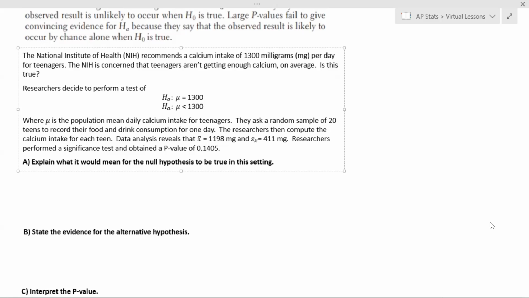So first we want to explain what it would mean for the null hypothesis to be true in this setting.